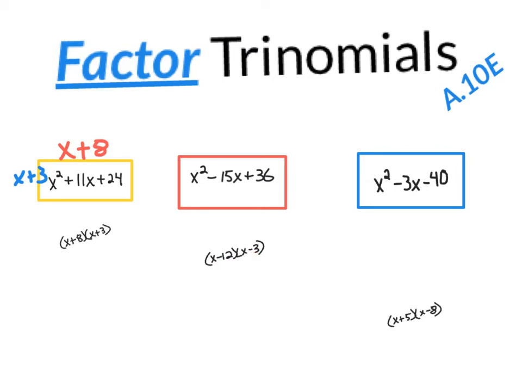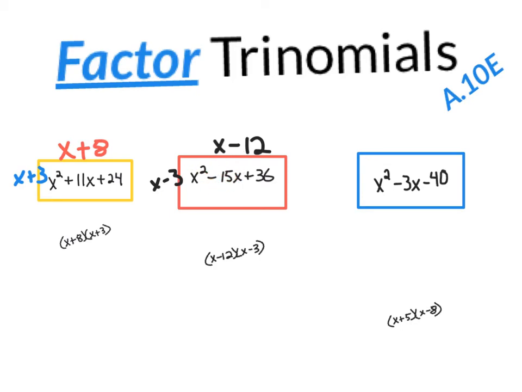So we could say that x minus 12 is the length and x minus 3 is the width. If you take a look at those, a negative 12 times a negative 3 equals a positive 36, and a negative 12 plus a negative 3 equals negative 15.